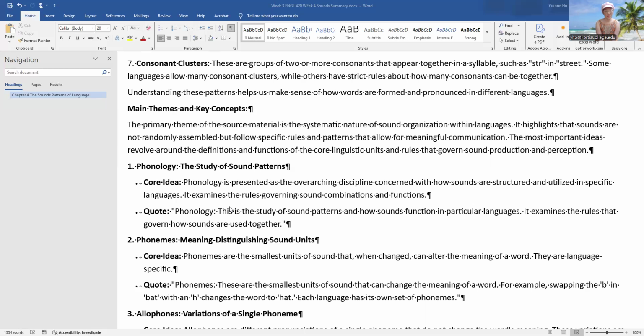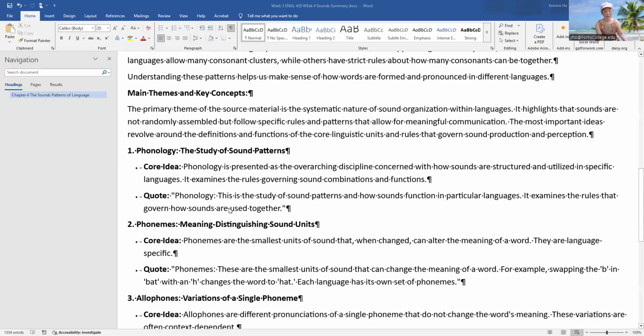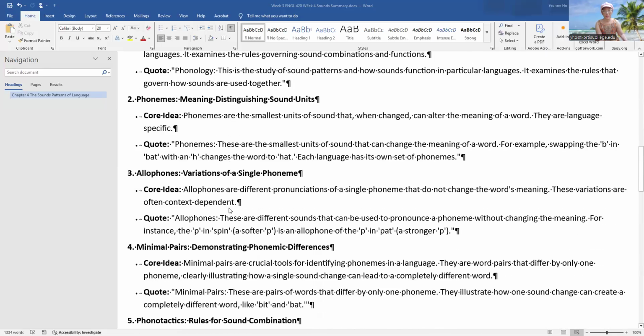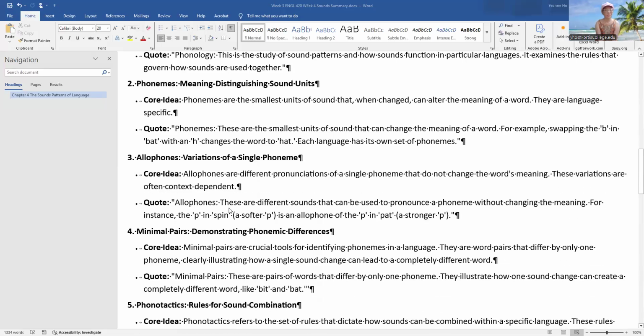Phonemes. So phonemes are the different sound bits that create meaning. And so phonemes are the smallest units of sound that when changed can alter the meaning of a word, and they are language specific. I already used the example, swapping the B in bat to hat.